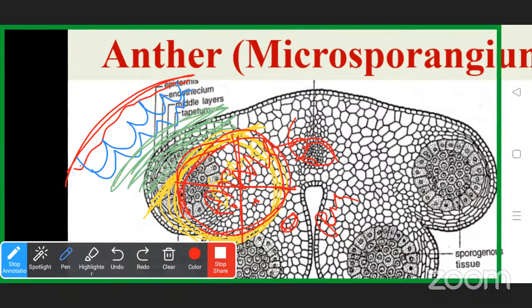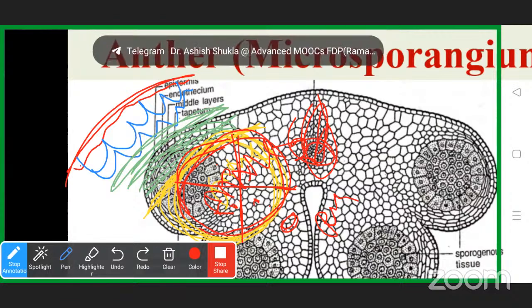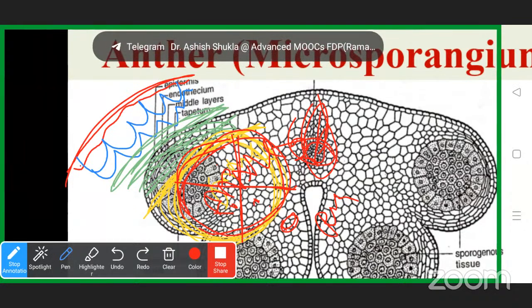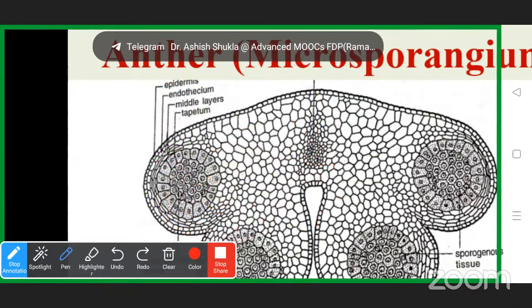Okay, and here you see, in between the two lobes there is connecting tissue which connects the lobes of the microsporangia. Okay, this is the basic structure, and each and every part we will discuss here.